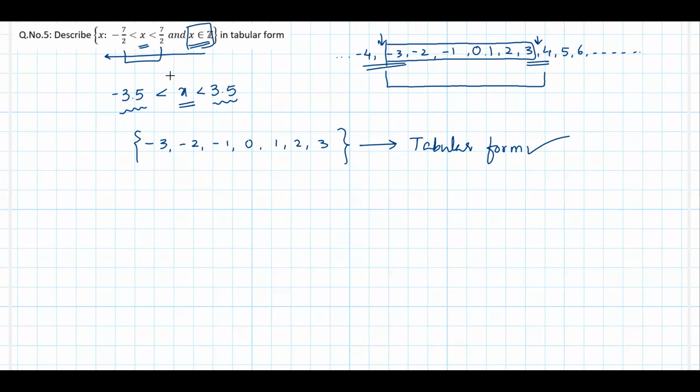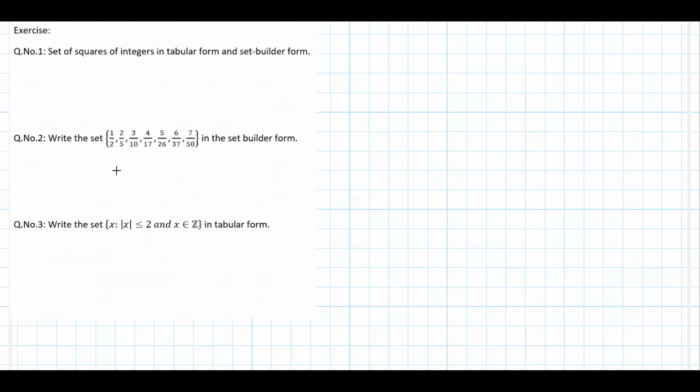And in the same way, when we have a tabular form, we understand how to compose it in set builder form. And now we have in question number 5, set builder form to tabular form. So we understand how to convert these forms also. So that's good. So now it's time to do a small exercise. In this exercise, I'll be keeping here 3 questions. Okay. So just pause the video and try to solve all these questions and then come back and verify your answers.